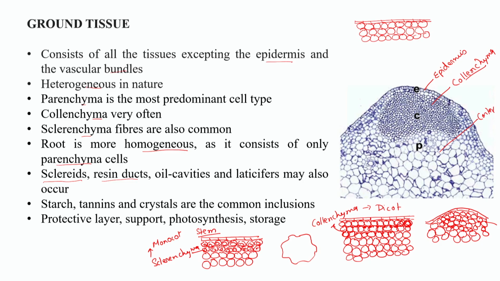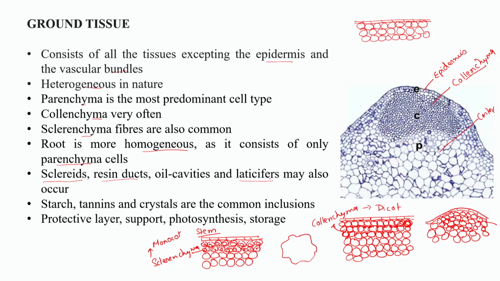Some oil cavities are there, and some laticifers, like latex, which we have studied, that latex is a complex molecule secreted by these special types of tissues. So they will also be present in the ground tissue. It's not that the organization of cells is important, but ground tissue serves various functions.